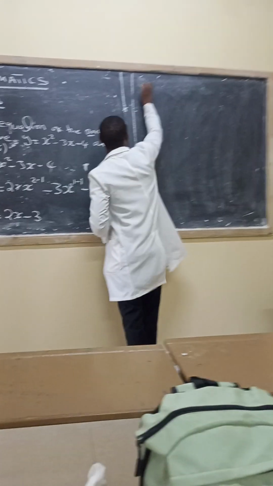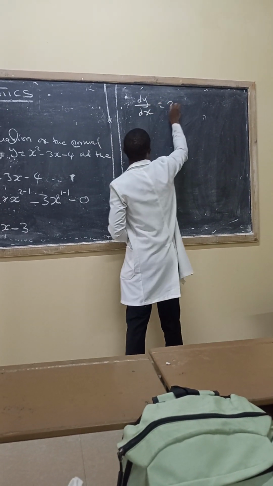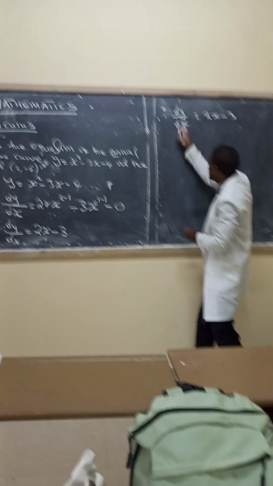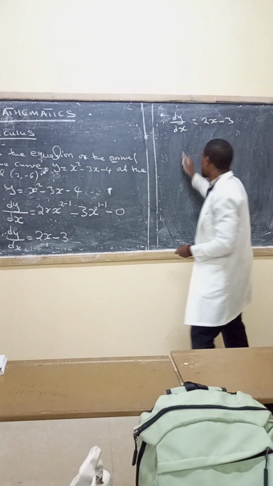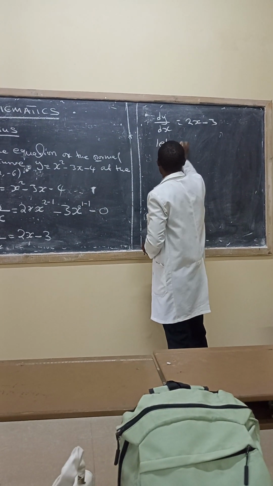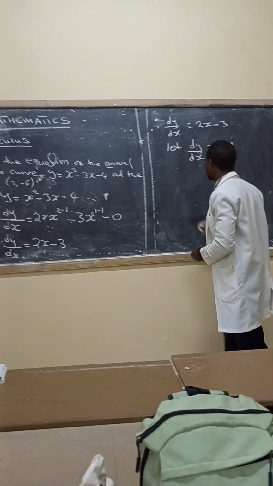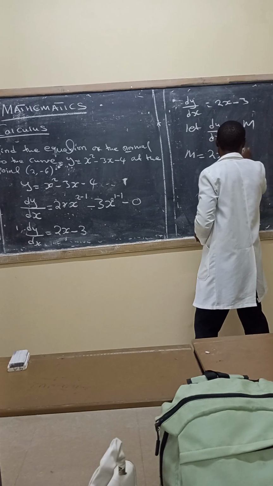Therefore now, since we know dy over dx is equal to 2x minus 3, which means that the change in y over the change in x, that is the gradient. So you let dy over dx equal to the gradient. So we have now the gradient is equal to 2x minus 3.